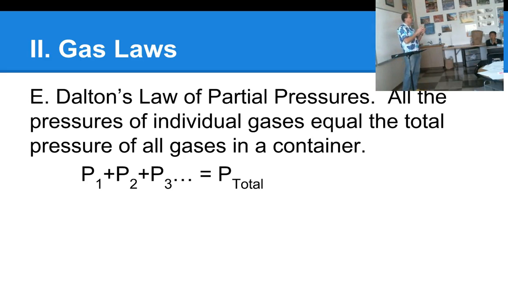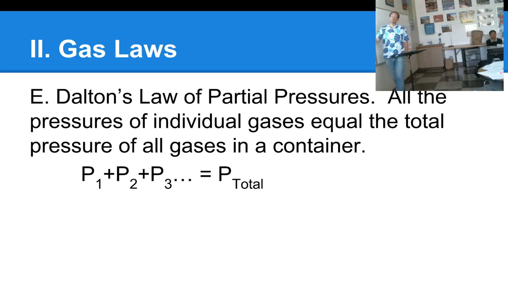If I could calculate how much pressure is provided by each of these gases separately, I could add up all of those pressures and tell you what the air pressure in the room was. Or the other way around: I know what the air pressure in the room is, I know how much pressure nitrogen and oxygen are providing, so I can calculate how much pressure carbon dioxide is providing. So it's the law of partial pressures. All of the pressures of the individual gases add up to the total pressure of the gases in the container.